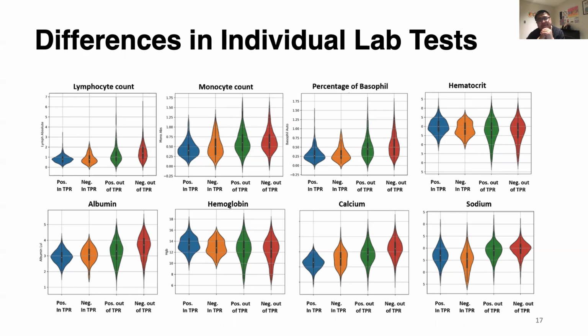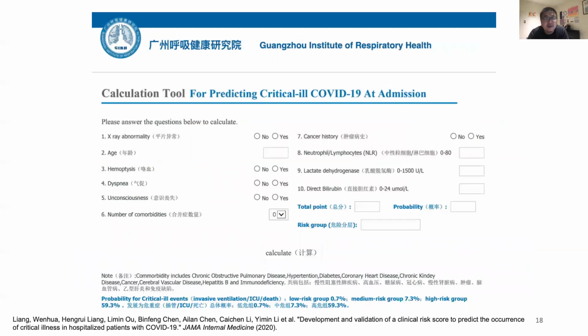And there have also been other prognostic studies proposed by other people for COVID-19. This is an example, which is a risk calculation tool for predicting critically ill COVID-19 patients based on their records at admission, developed by the Guangzhou Institute of Respiratory Health.